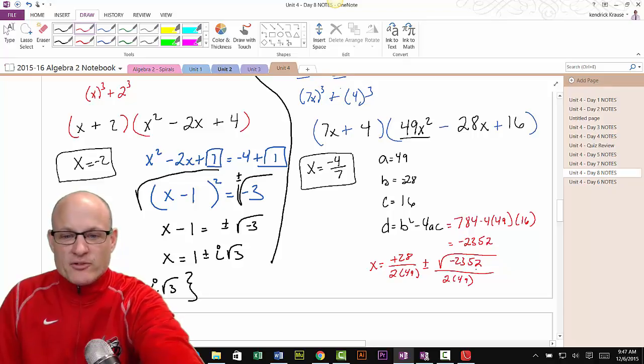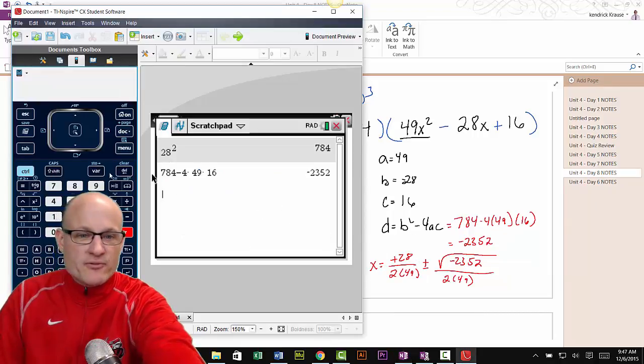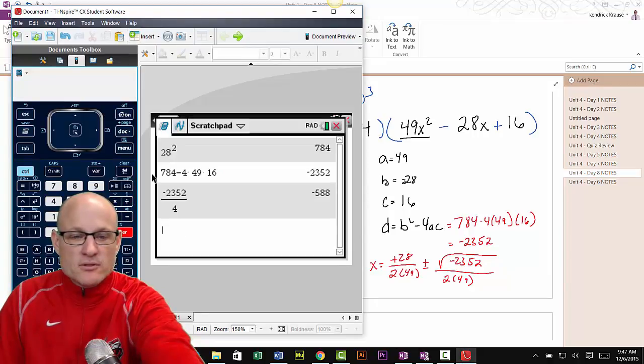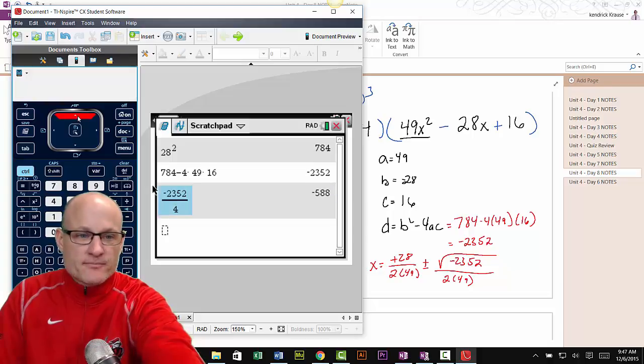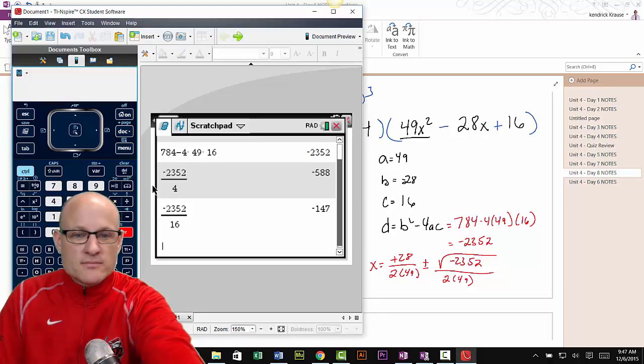Let's see if we can find a perfect square that goes into 2352. I know it's divisible by 4. So now I know it's divisible by 16. And that's divisible by 49.